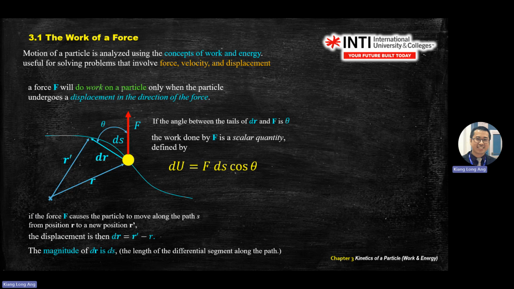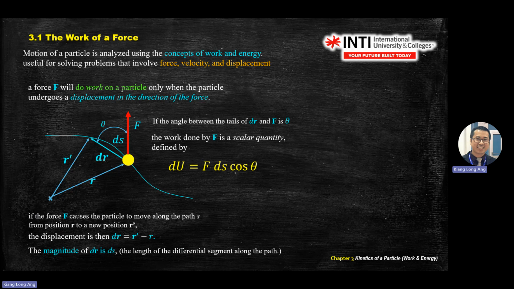Now, the work done by the force is because of the distance traveled. The formula we use for work is U, capital U, dU. Again, I already explained just now: what is work?